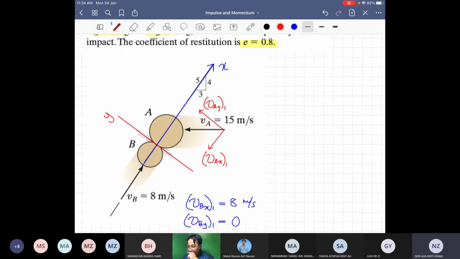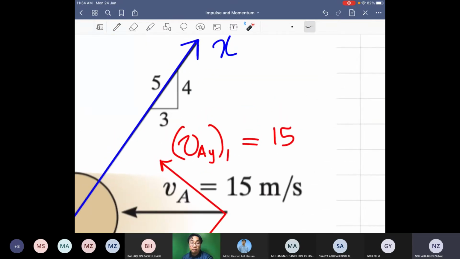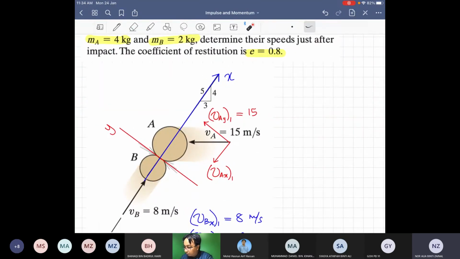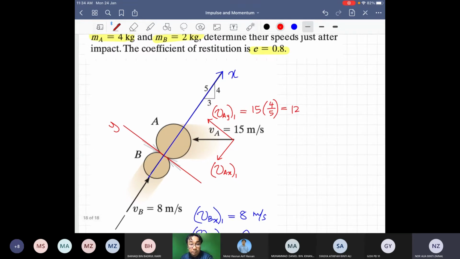VAY1 is basically equal to VA, 15 meters per second, multiplied by 4/5, based on this small triangle here. So we get 12 meters per second for VAY1.